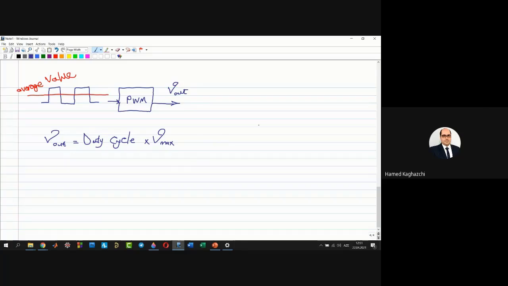Suppose that I have this signal, T PWM is equal to 8 and T on is 2.